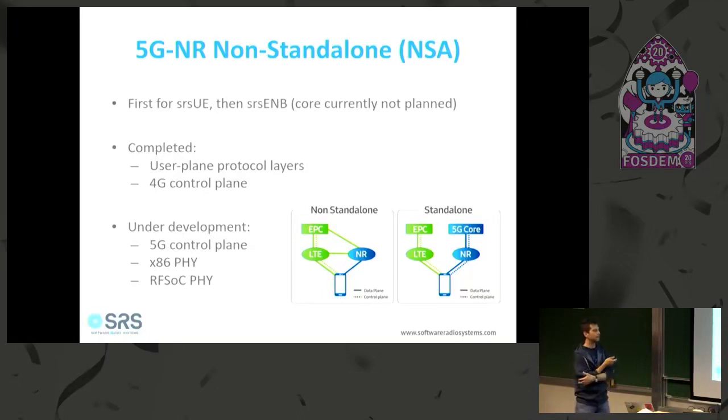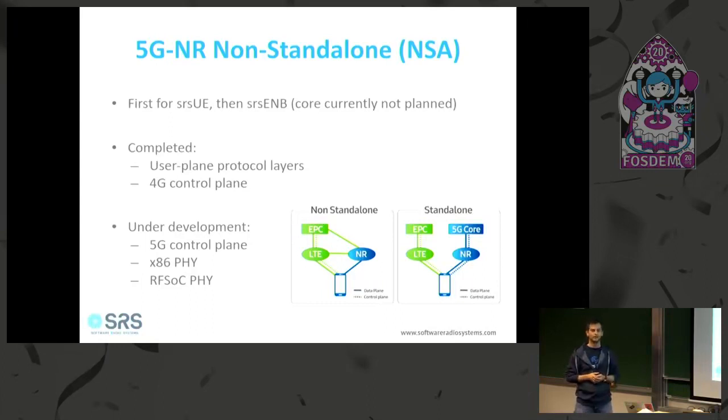What we're looking at now is the part of the NR that is still needed, so there's still a little bit of control and signaling needed. Adding this, and then we're extending the PHY.